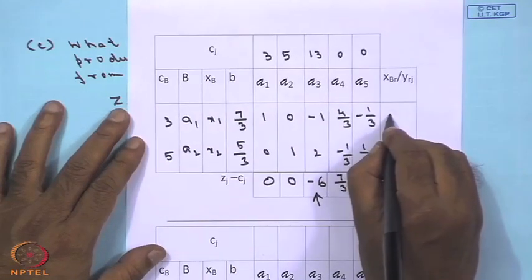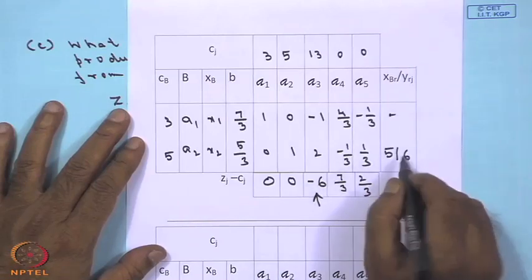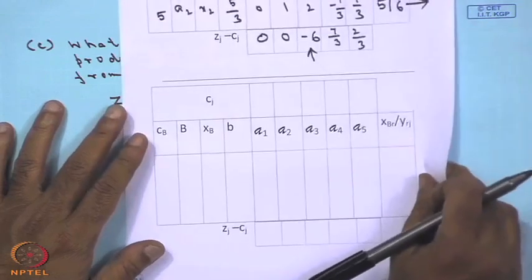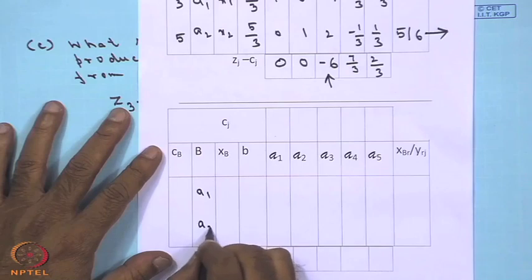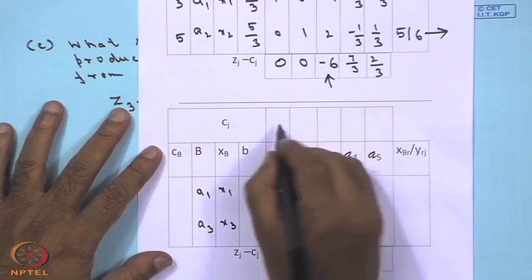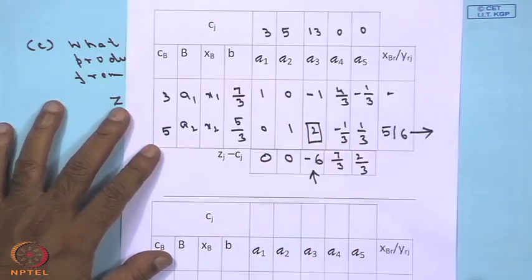So this will be 5/6. From here x3 will enter and x2 will go out. Once you do this, you will have A1 and A3, your B is x1, x3, so your pivot element is this.